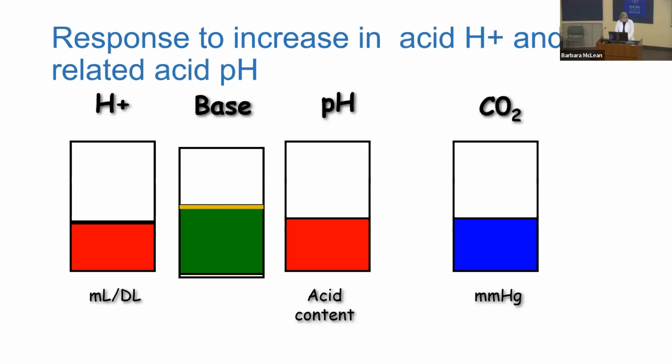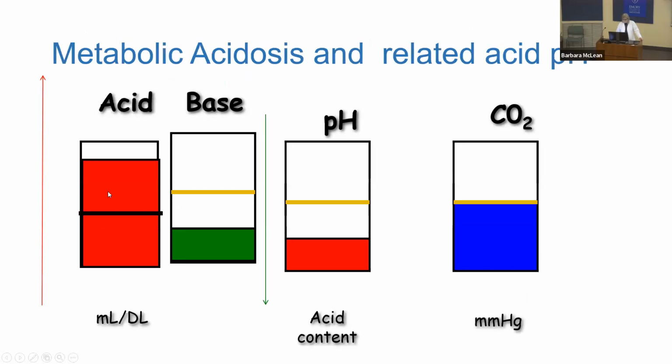Okay, so when we think about our pH, pH is a symptomatic reflection of the presence or absence of acid. That's what it is. I have respiratory acid, CO2, and I have metabolic acid, hydrogen, but we don't measure hydrogen, so we look at base or bicarb to reflect that hydrogen. Okay, so my metabolic acid is up.